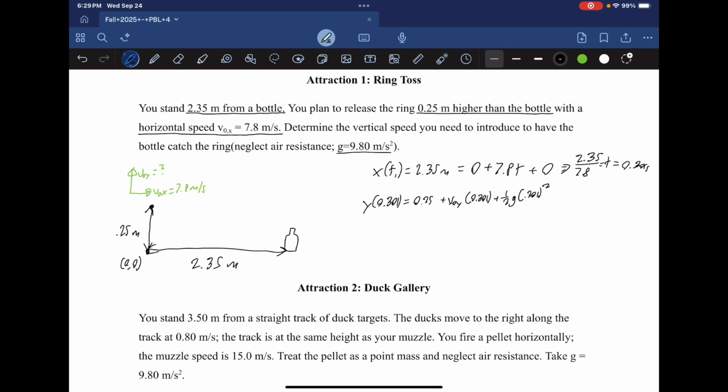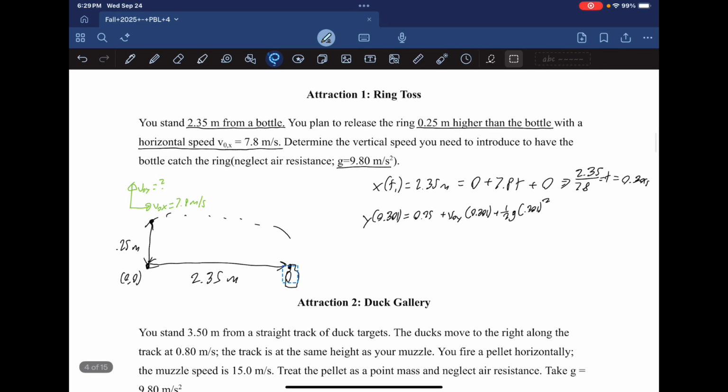I'm just plugging in the time that we found earlier, the time of this arc. Then we're going to solve it for v naught y, because over here the final y is 0. Really the bottle should be kind of down here because we're 0.25 meters above the bottle. So 0 equals 0.25 plus v naught y times 0.301 plus 1/2 g times 0.301 squared.